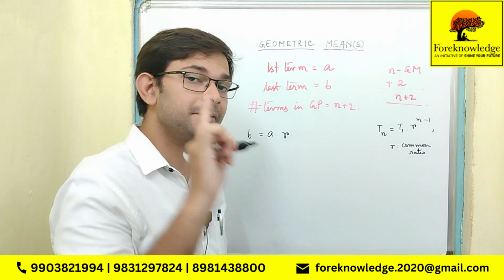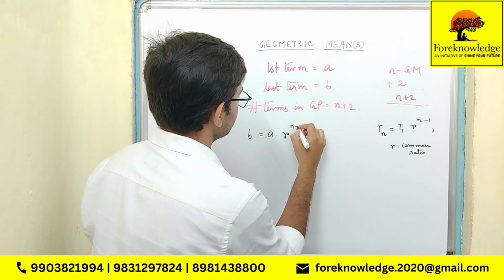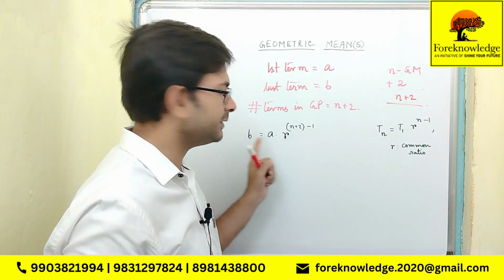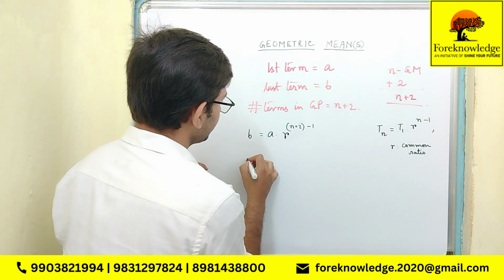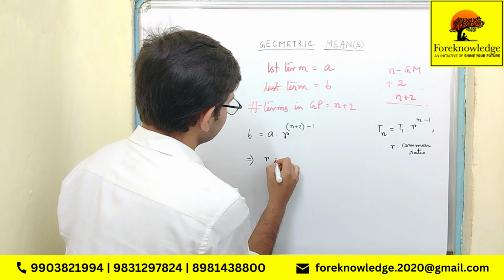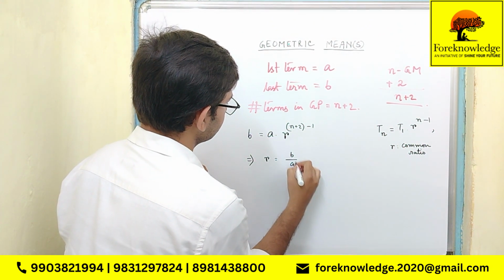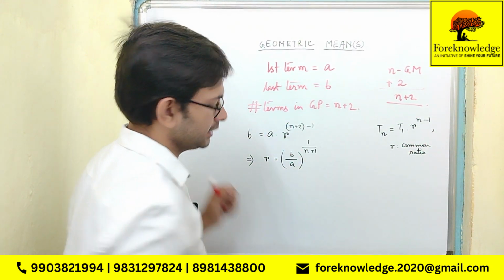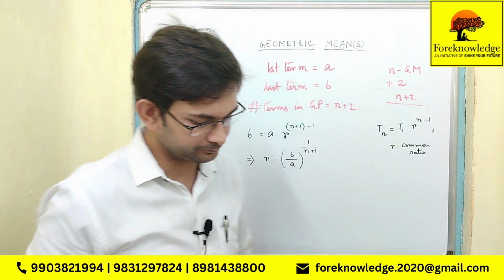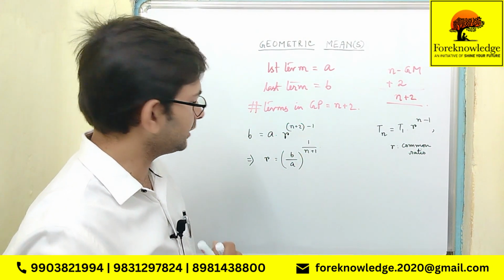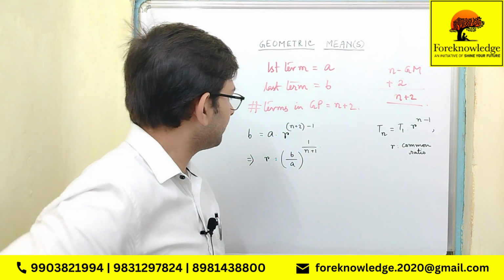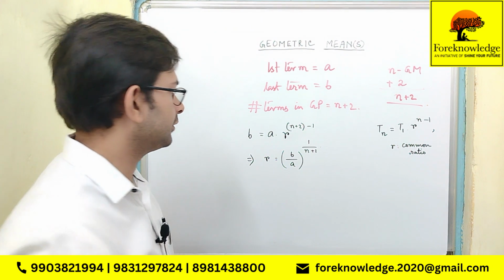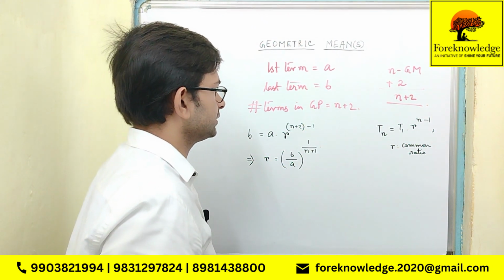So it is r to the power n plus 2 minus 1. From here, r is nothing but b by a whole to the power 1 by n plus 1. This is the common ratio for this geometric progression.